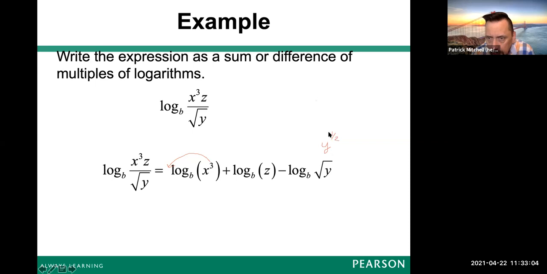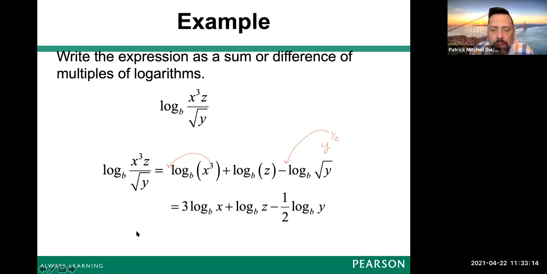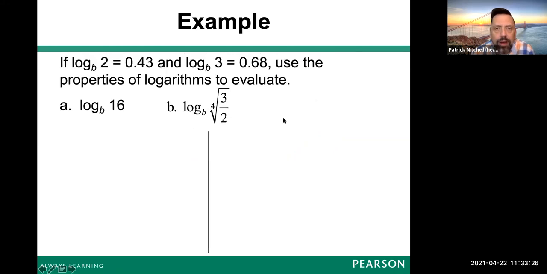So we're going to take that 1/2 and we're going to go. All right, so when I click, I have a feeling you're going to see, yes, 3 times log base b of x plus log base b of z minus 1/2 log base b of y.